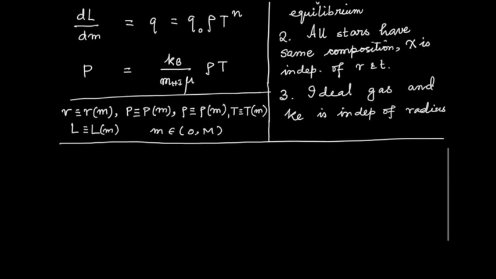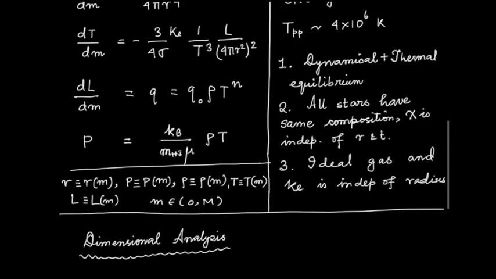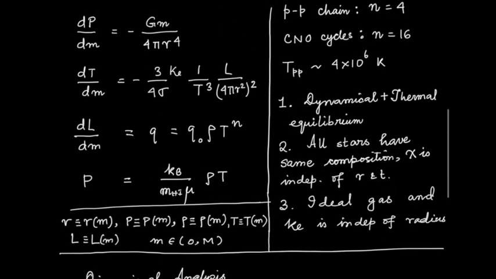So the answer that people like Chandrasekhar and Eddington came up with is that we will do dimensional analysis. It's a very powerful tool. It tells you what is the dependence of something on something else.